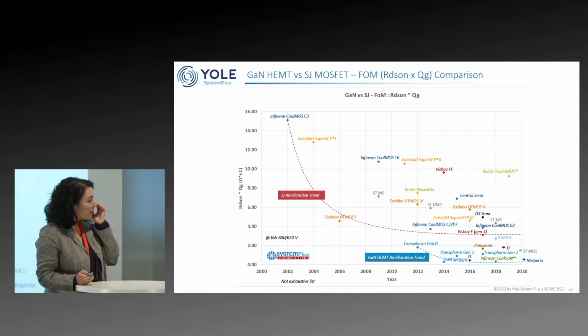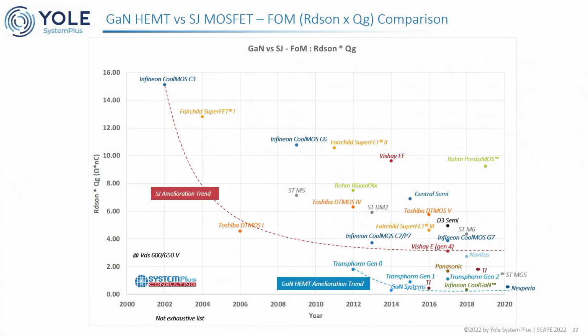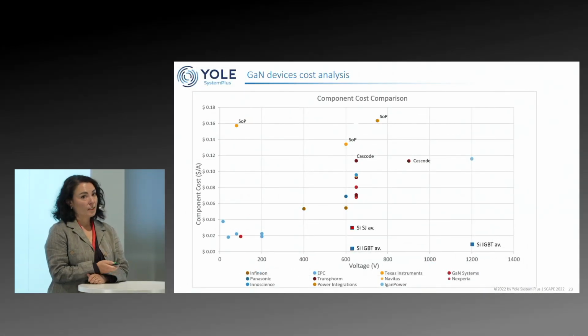For performance, in this case I wanted to compare the performance of GaN versus superjunction, because superjunctions are still there. As I said, Infineon in their presentation said they are continuing to work on that. It's not finished. But if we just compare the design by Kuji, GaN has a nice progression in terms of performance. Again, the cost comparison.